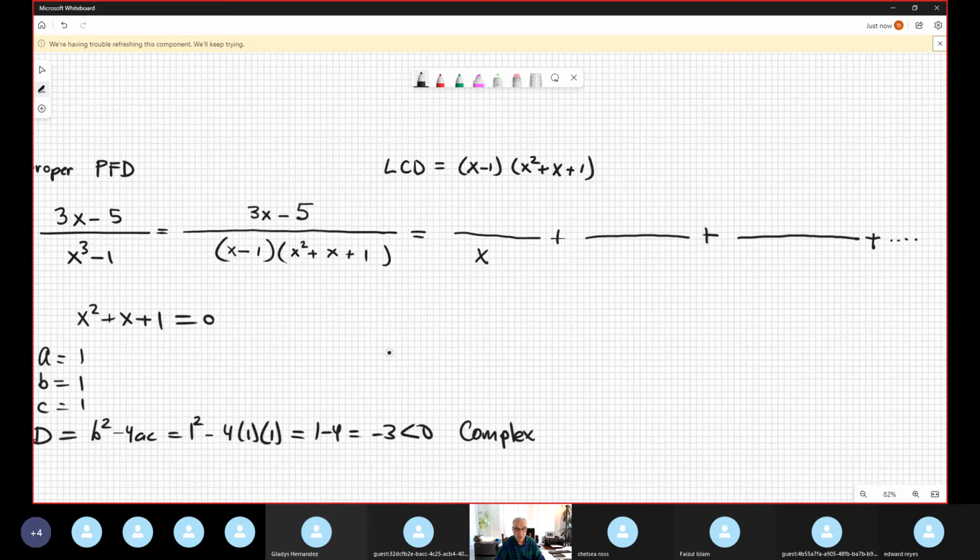X minus 1 is clear, right? And I realize now that we cannot factor this. Yes or no? Because I don't understand why you have two more. I suppose it's one more, no? X squared plus x plus 1. Yes or no?